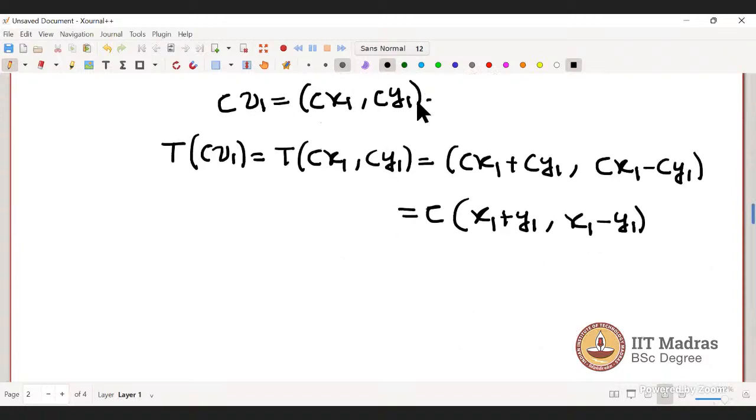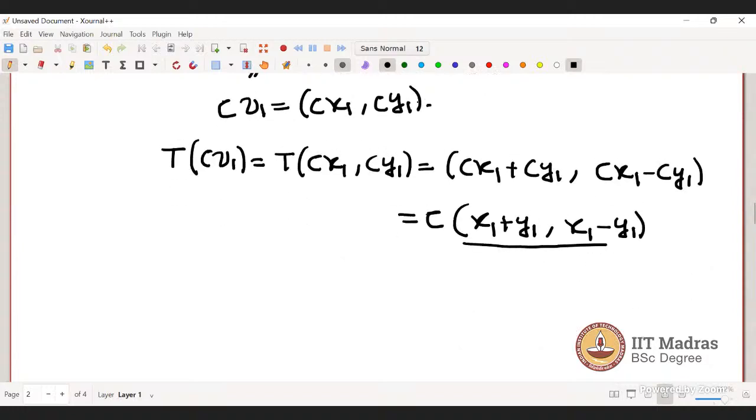You can see that this particular quantity is nothing but C times T of (x1, y1), so we are done. We checked both the conditions, and as we can see, T satisfies both the conditions. So that means T is a linear transformation.